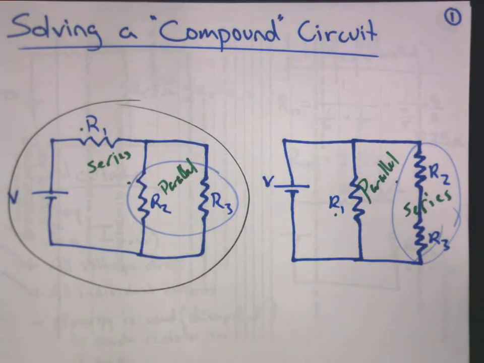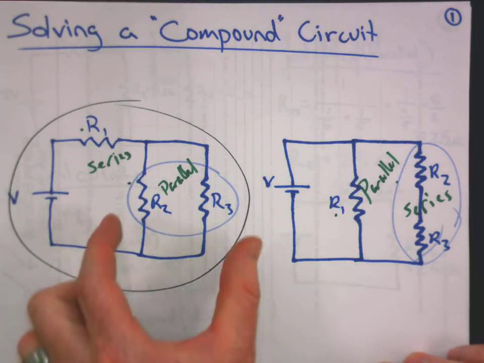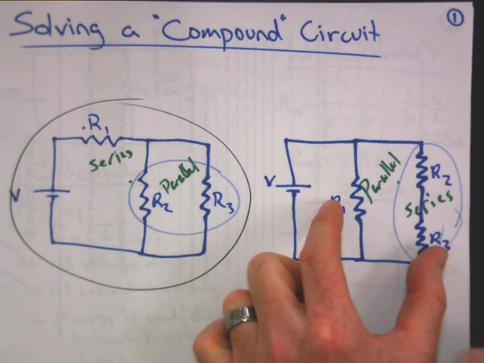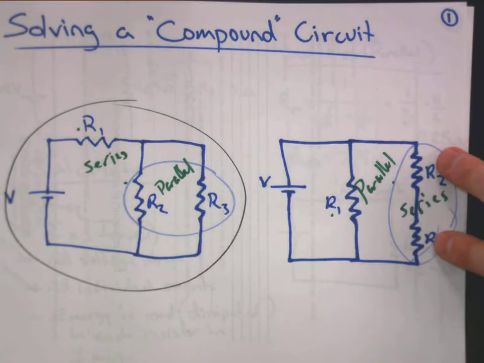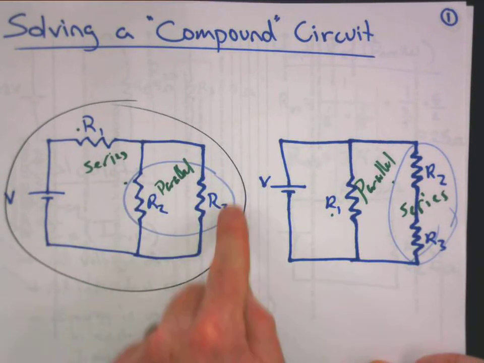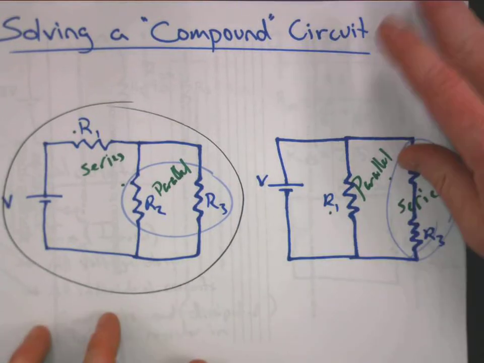This is the hardest stage, really. Trying to see what do I deal with first? Do I deal with these 2 first, or these 2 first, or these 2 first? You've got to think small, think locally. And so I had to do the parallel first here, or if this was my circuit, I'd have to do the series first here.